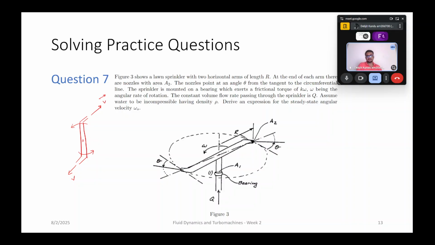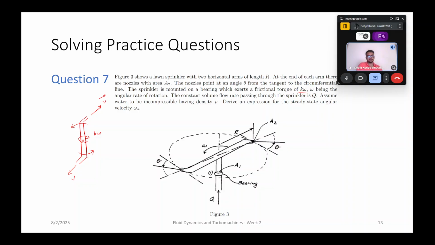And to balance out this torque, there's some friction in the bearing holding the sprinkler, which, as you can see in the question, is given as k omega, omega being the angular rate of rotation. So this is k omega. And when these two torques balance out, it causes a steady rate of rotation.